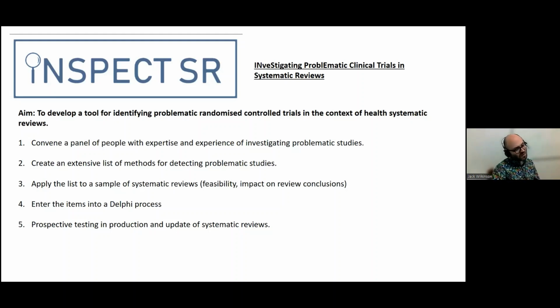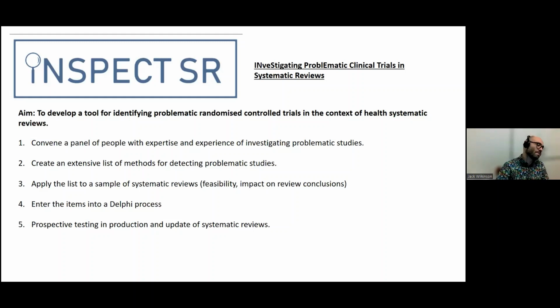Well, we've convened a panel of people with expertise or experience in this area. We have created a really extensive list of methods for detecting problematic studies. We're next going to take this big list of items and apply it to a large sample of systematic reviews to work out the feasibility of applying the items and the impact this has on review conclusions.